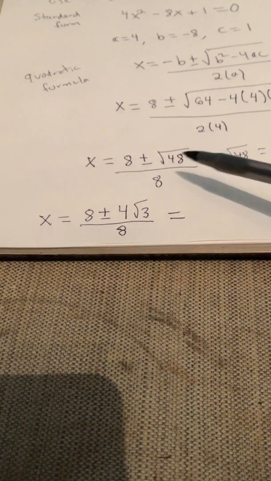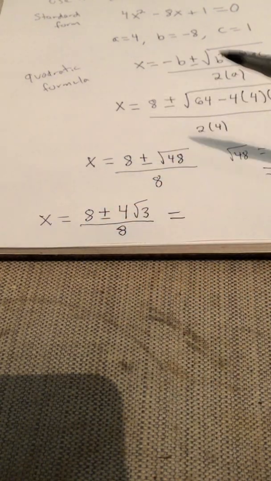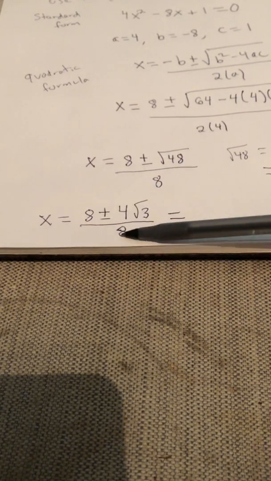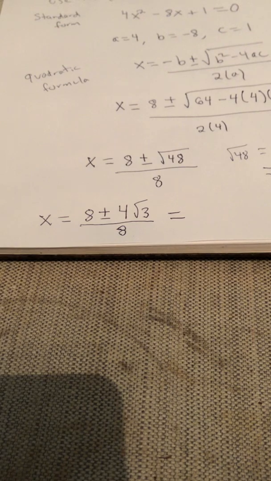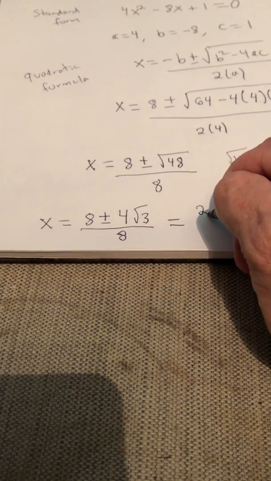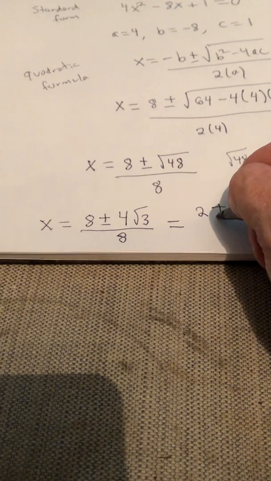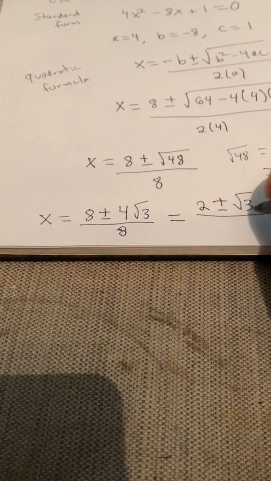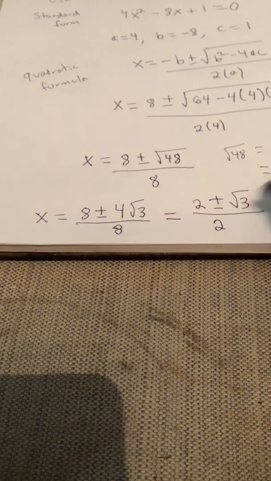And when we do the simplification, make sure if you're dividing, divide everything by whatever it is that you're dividing by, which in this case is 4. So I would end up with x is equal to 2 plus or minus the square root of 3 all over 2. We cannot simplify any further.